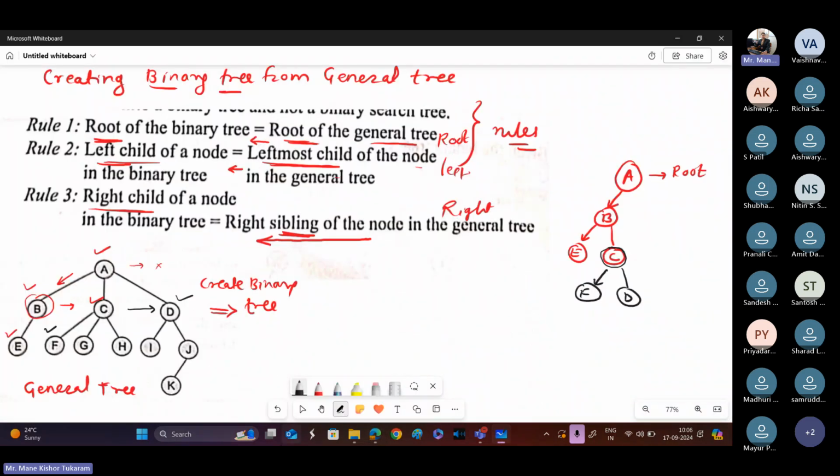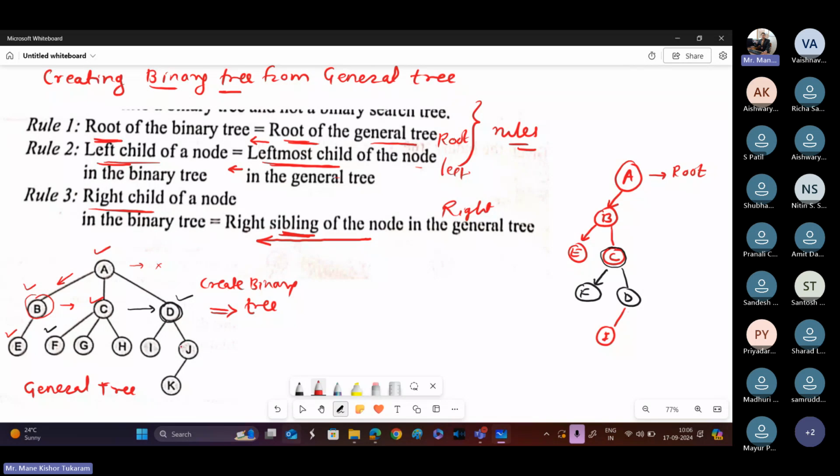Whatever the right, we can go to that particular right. That is, we just consider this particular node as whatever the node. Then we can move towards the D. Okay, so for D, leftmost element is I. So I just write I. And whatever the right sibling for this particular D is not available, so we just stick with this particular D.